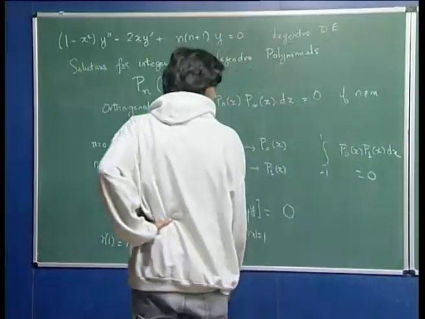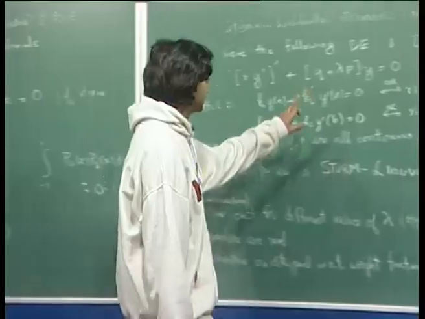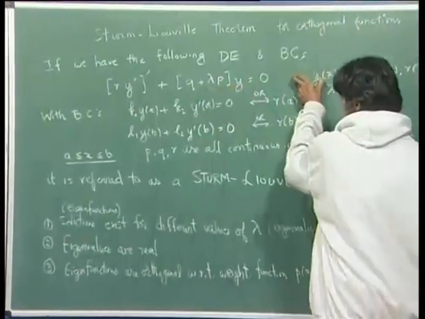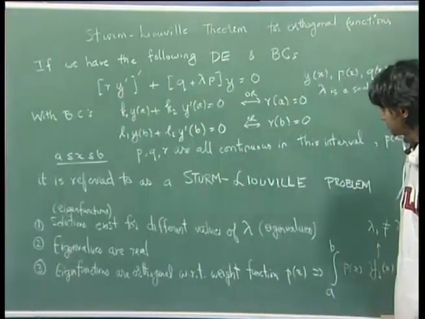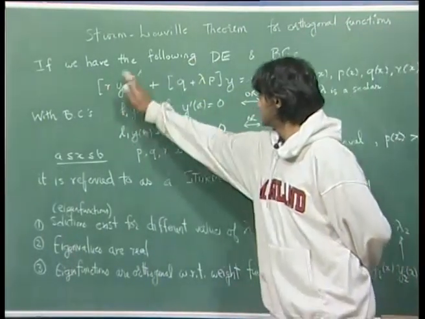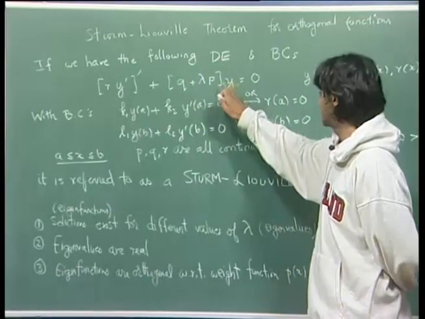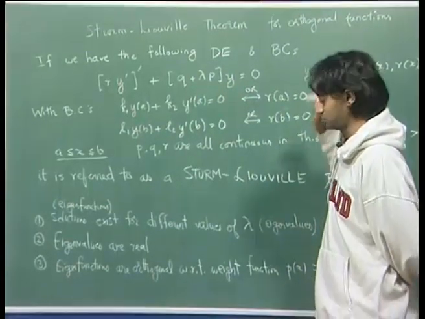Now, you can easily see that if I take this lambda p y to the right, that looks like an eigenvalue equation. So, it looks like some operator operating on y gives me lambda p times y.